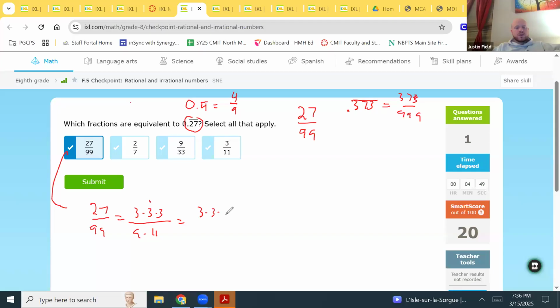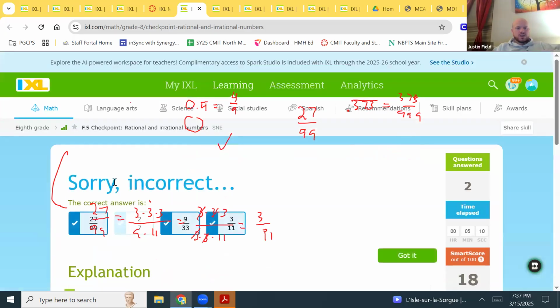So 27 is 3 times 3 times 3, and 99 is 3 times 3 times 11. So now I can cancel out some things, and so 27 over 99 is 3/11. Woo! Not easy.